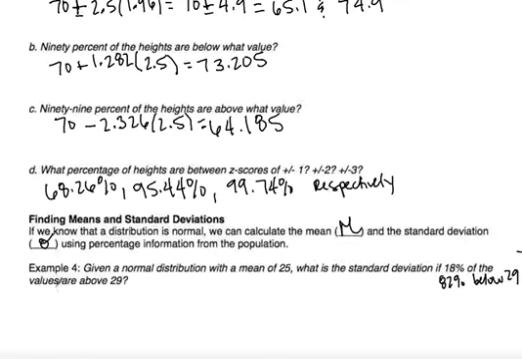Alright, so if you looked on the standard normal table and you were looking for 0.82 in the bulk of the table, then you would find that the corresponding z-score would be equal to 0.92.